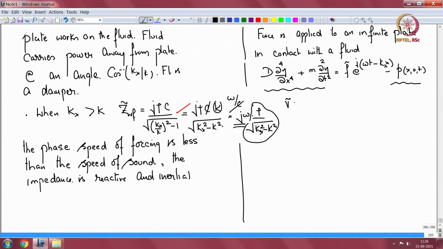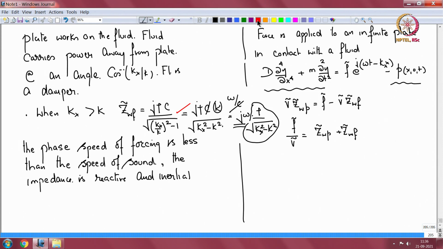So v tilde z tilde w plate is equal to f tilde minus v tilde z tilde w fluid, or f tilde by v tilde is equal to z tilde w plate plus z tilde w fluid.